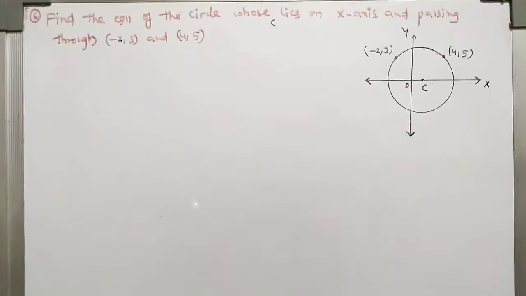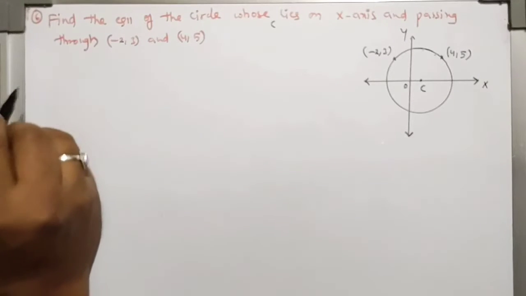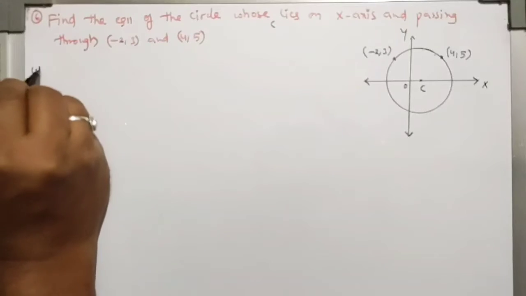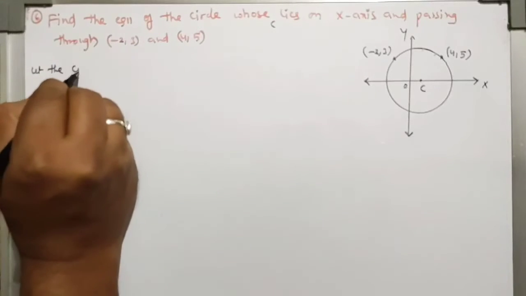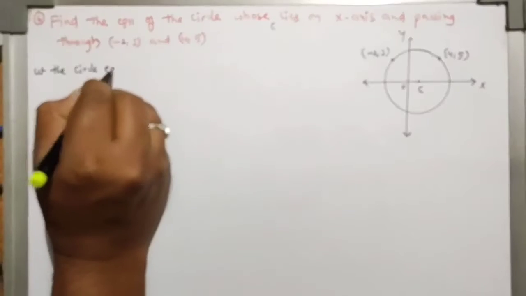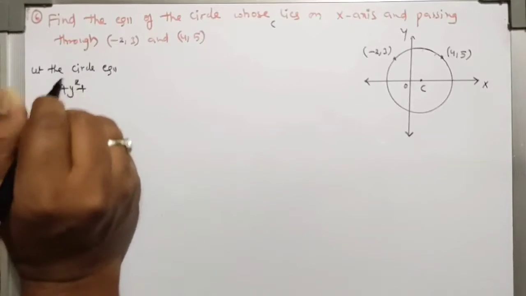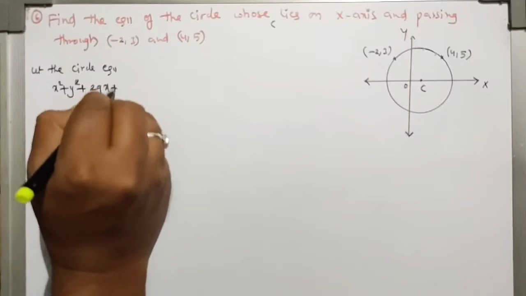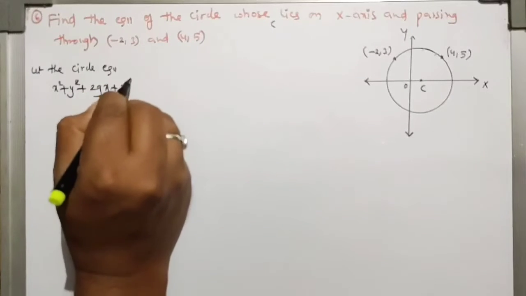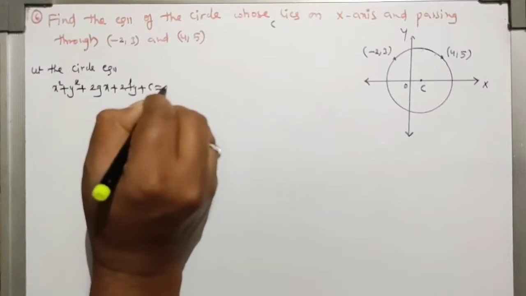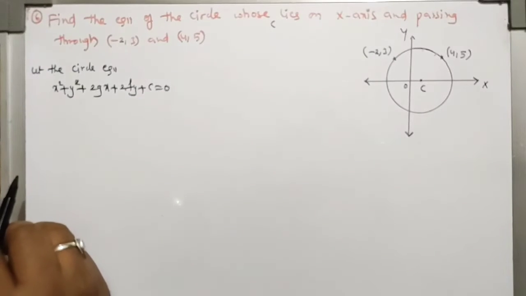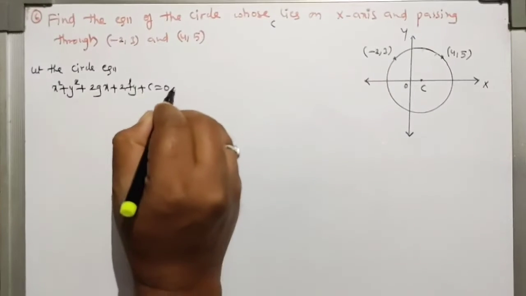For that purpose, let the circle equation be x square plus y square plus 2gx plus 2fy plus c is equal to 0, and take it as equation 1.